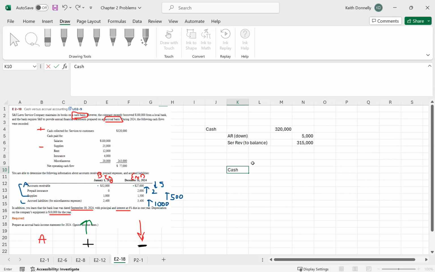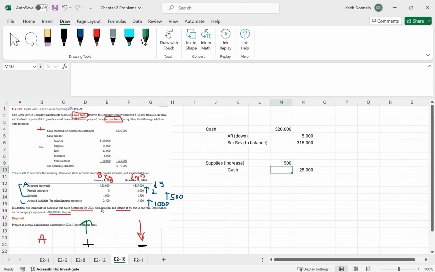We're going to have cash here for 25,000. Then we have to back up to our journal entry, right? With regard to the supplies, the increase in the account, because our supplies went from 1,000 to 1,500, it went up by $500.